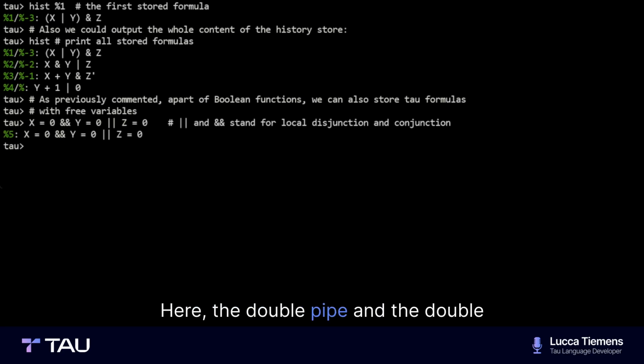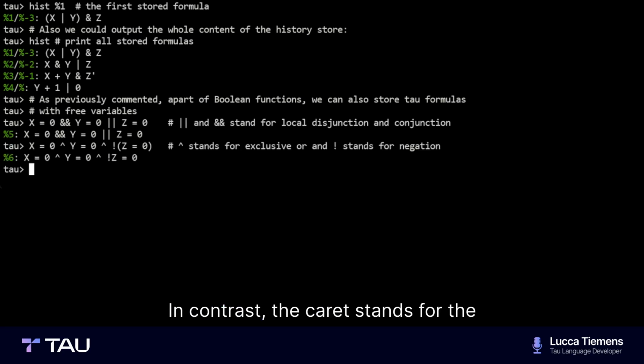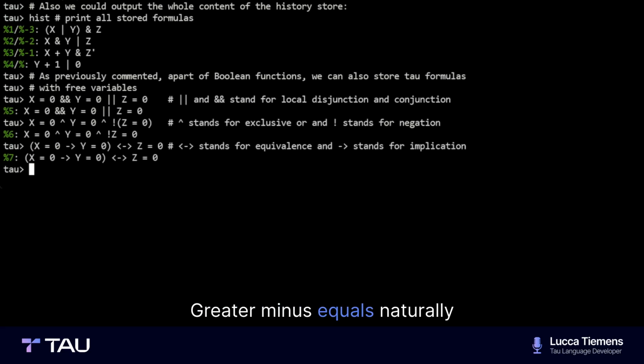Here, the double pipe and the double and stand for disjunction and conjunction. In contrast, the caret stands for the exclusive OR, and the exclamation mark stands for negation. <-> naturally stands for equivalence, and -> stands for implication, as is usual in logical notation.